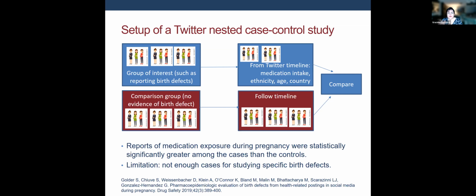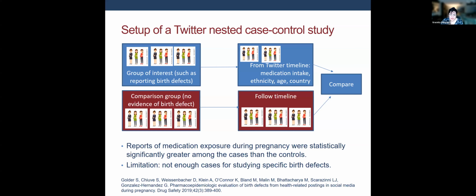Anyway, from the Twitter timeline, we get medication intake, ethnicity, age, country, and we compare. So we follow, and in the comparator group, same thing, and then we compare the two. In general, reports of medication exposure during pregnancy were statistically significantly greater among the cases than controls.